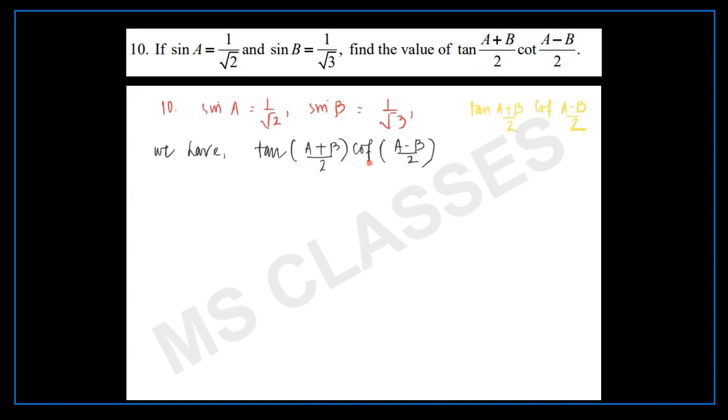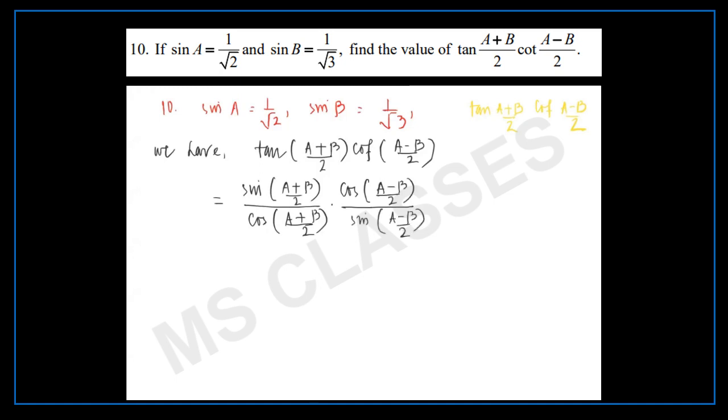So we write here sin((A+B)/2) divided by cos((A+B)/2), times cos((A-B)/2) divided by sin((A-B)/2). Now this is of the form sin A cos B and this is cos A sin B, but a 2 is missing. So we multiply numerator and denominator by a 2.